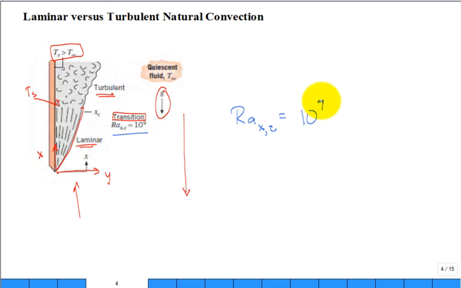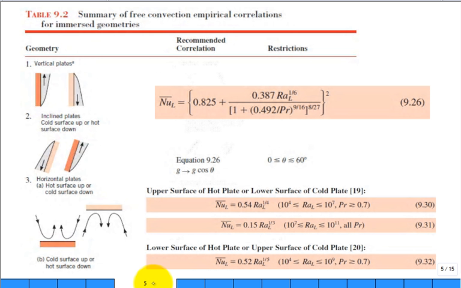And that's a huge number. And the Rayleigh number is not a ratio of inertial to viscous forces, but it's just like the Reynolds number, except it's buoyancy to viscous. So the Rayleigh number is what drives the natural convection. So there's another critical number by which you distinguish the transition from laminar to turbulent.